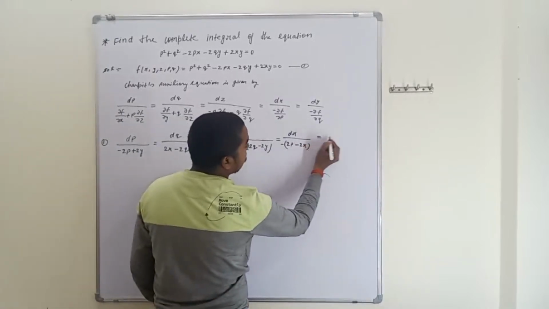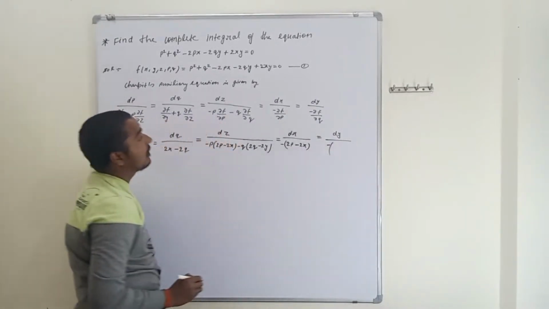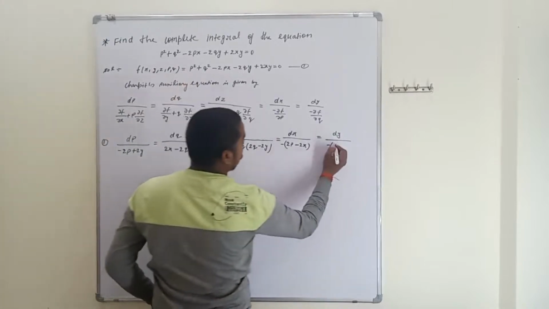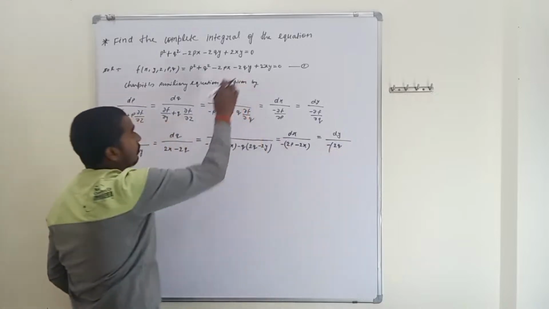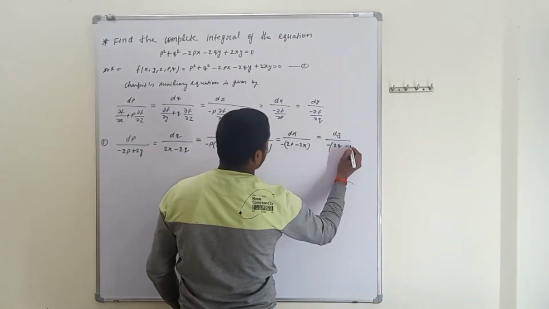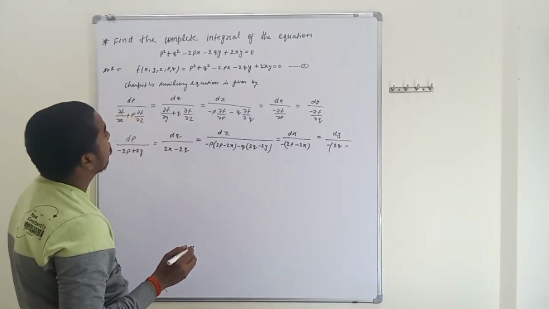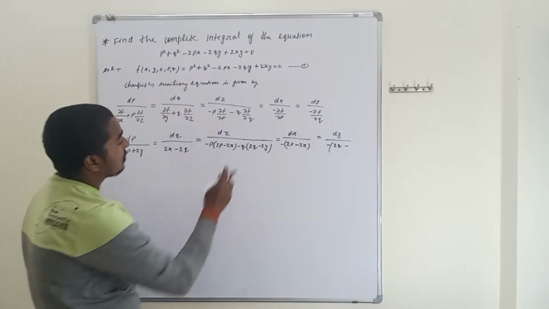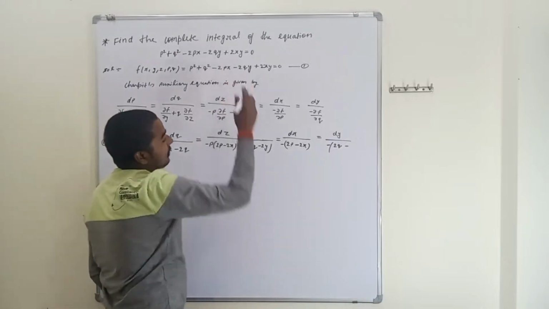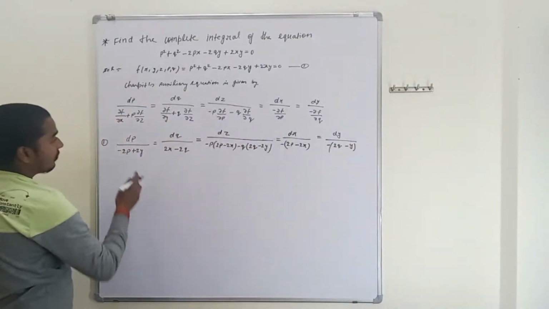And for dy we have to find minus del f upon del q, that is q square differentiated partially with respect to q is 2q, and minus 2qy differentiated partially with respect to q is minus 2y. Further we have to solve from each ratio.